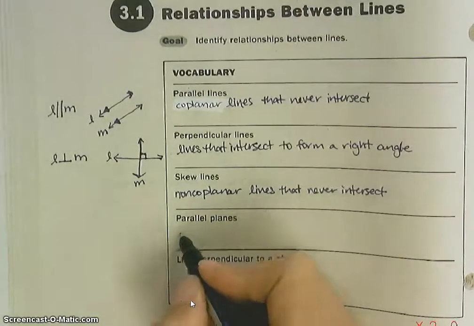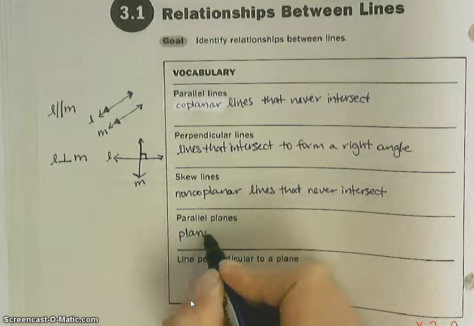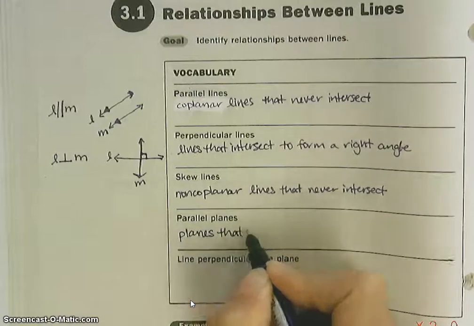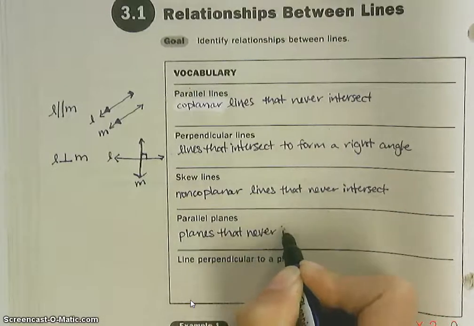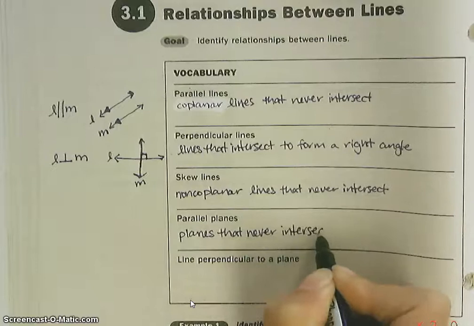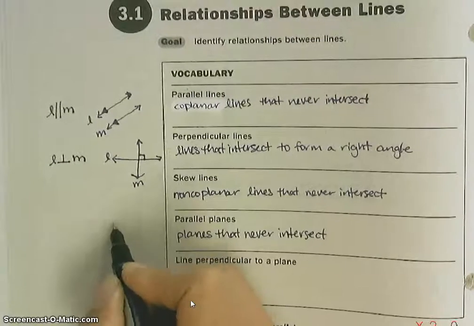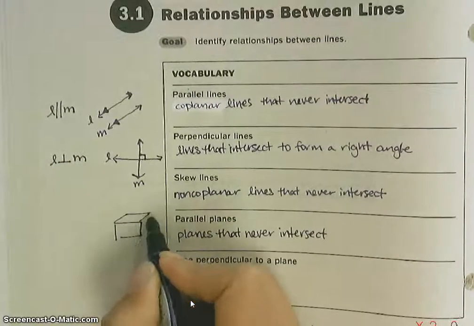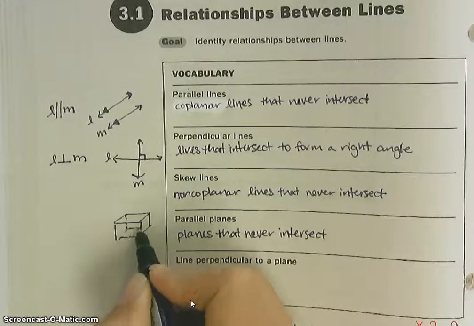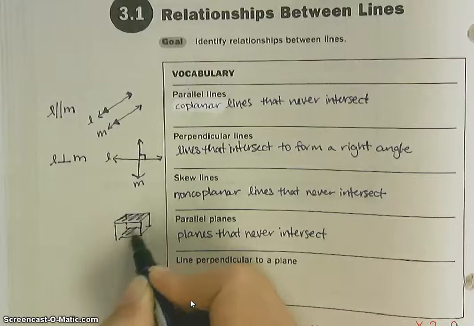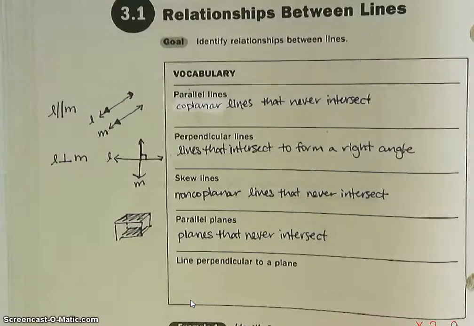Parallel planes are planes that never intersect. So if you were to draw a cube, the top and the bottom would be parallel planes because they would never intersect.